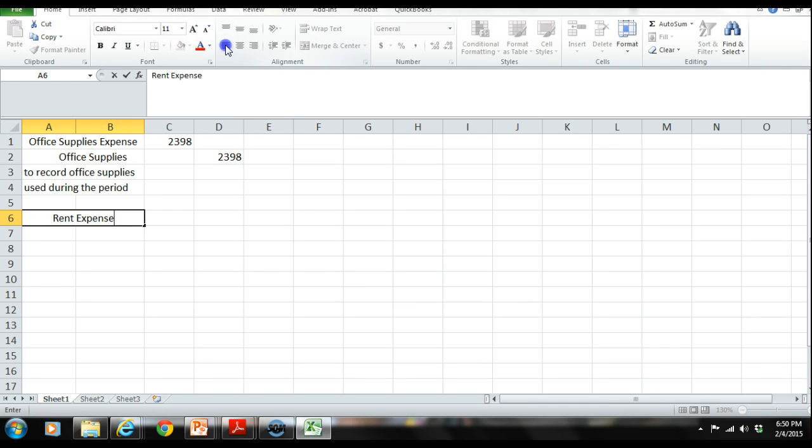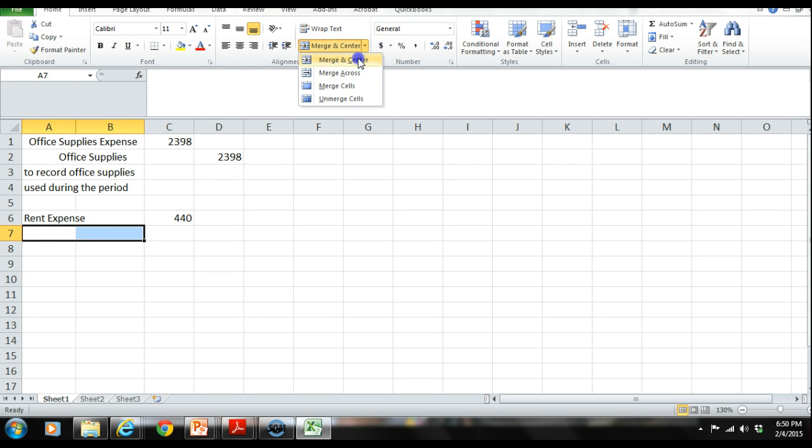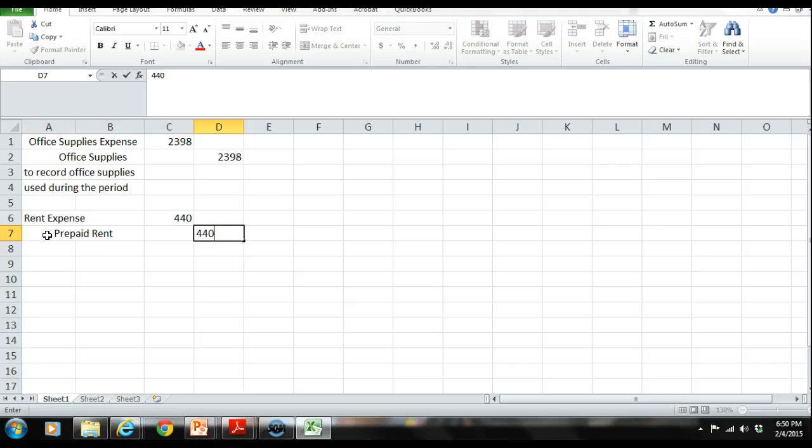Rent expense is my debit of $440, okay? And my credit is going to be prepaid rent of $440. To record rent that has been incurred or expired.